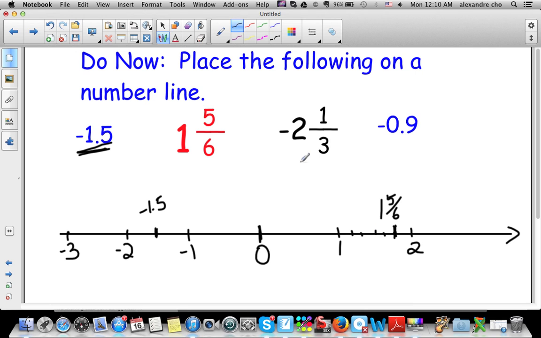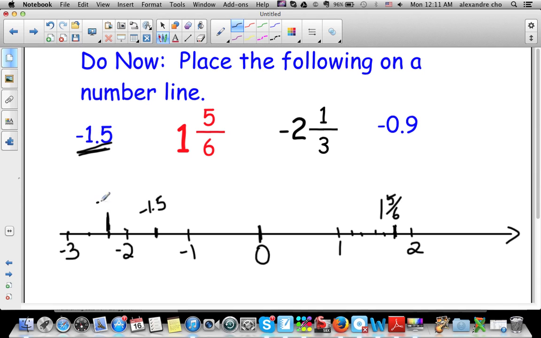Okay. Next one, -2 and 1/3. Again, you're going to the left side because it's negative, so you're taking -1 steps, -2 steps, and then you're going to take 1/3 of a step. So imagine if the next area here was cut up into 3. 1, 2, 3, and you're taking 1/3 of a step.